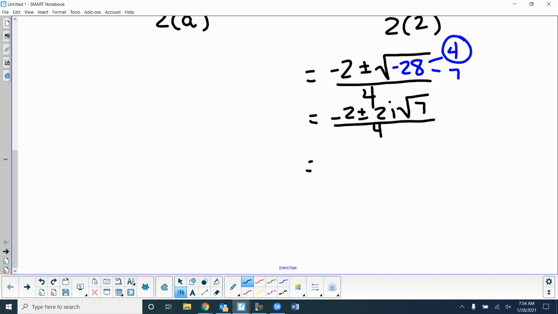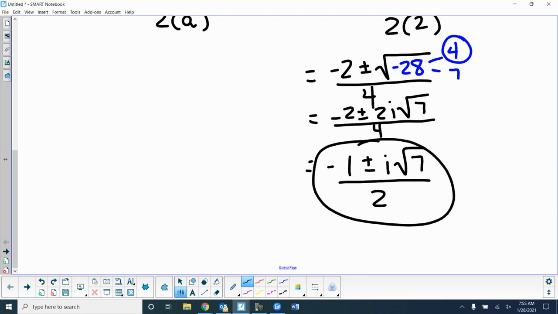So the other 2 answers are negative 1 plus or minus i radical 7 over 2. There's 2 answers there. So these are the 2 imaginary, and the other one was what, 1.5, right? There's our third one. Those are 3 zeros for that problem.